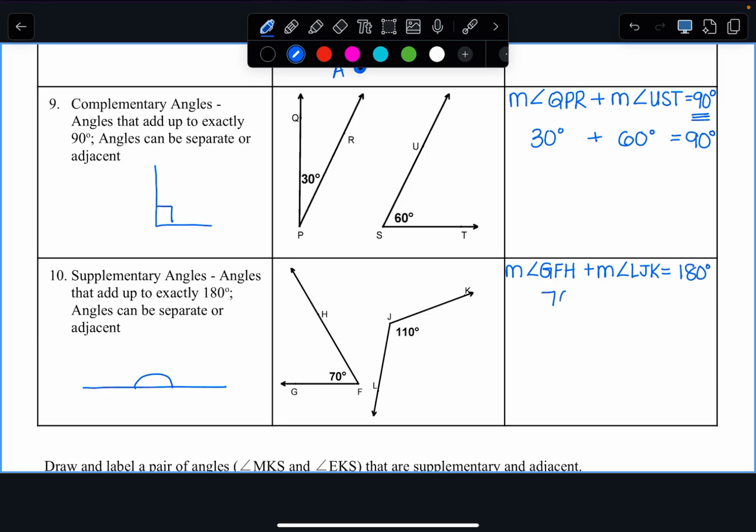And we can see that because 70 degrees plus 110 degrees is equal to 180 degrees. One of the ways that I like to think about it: C comes before S in the alphabet, 90 comes before 180 in counting numbers. So complementary is 90, supplementary is 180.